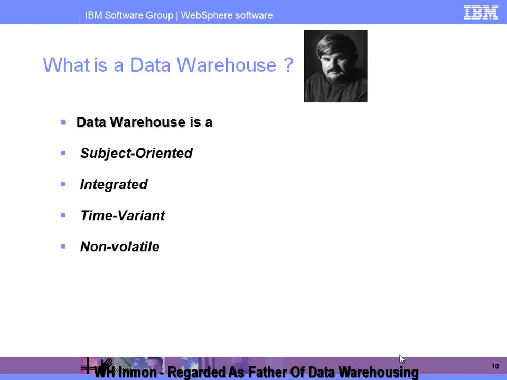For the data warehouse definition, there are two persons who gave a definition. Who are they? One person's name is W.H. Inmon. The second person's name is Ralph Kimball.